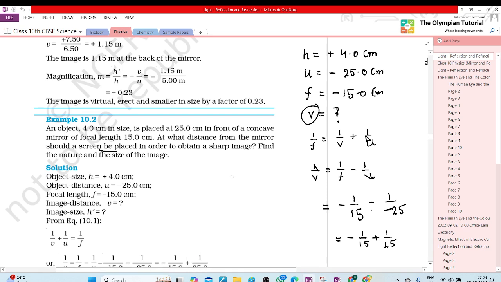It would be 15 into 25, but it is simple. 5 threes are 15, 5 fives are 25. It will become 75. Yes.